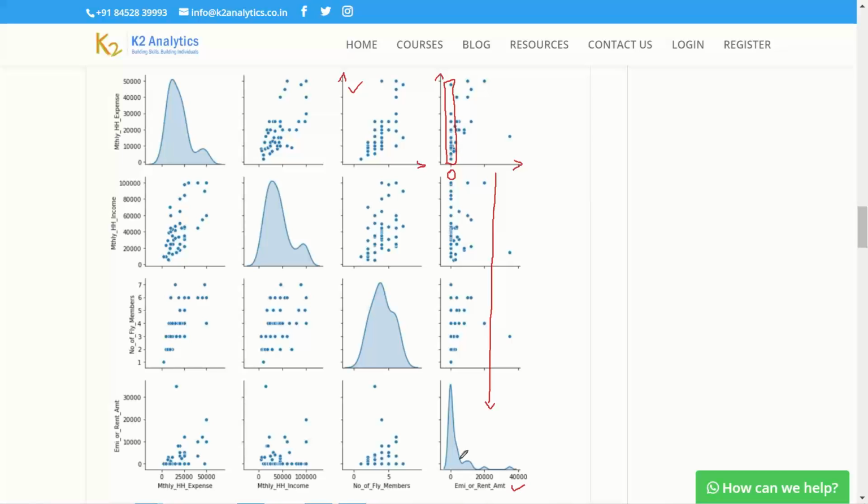A good amount of data points have 0 EMI or 0 rent, and then there is a small flattening like this, which means the point I have to note down in my memory is this variable is skewed, whereas other variables you see are more normally distributed. They are not completely normal, but they are fairly distributed. They don't have a huge concentration of values at a certain data value point.